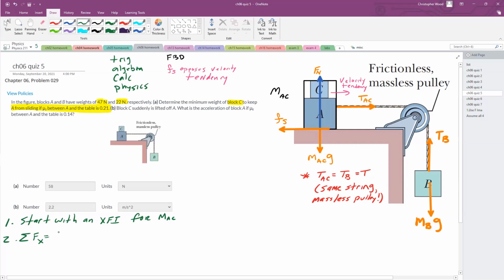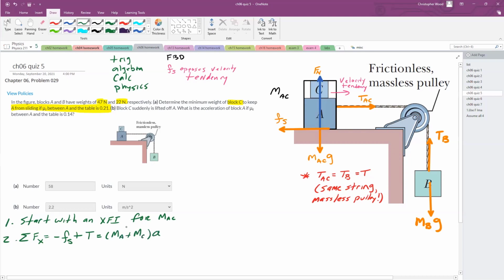If I add up all of those x dimension forces, I've got minus Fs, because that's in the negative x direction, plus T. That tension is going towards the right. Those are the only two forces, equals MA. And here's MA: the mass is MA plus MC times acceleration.